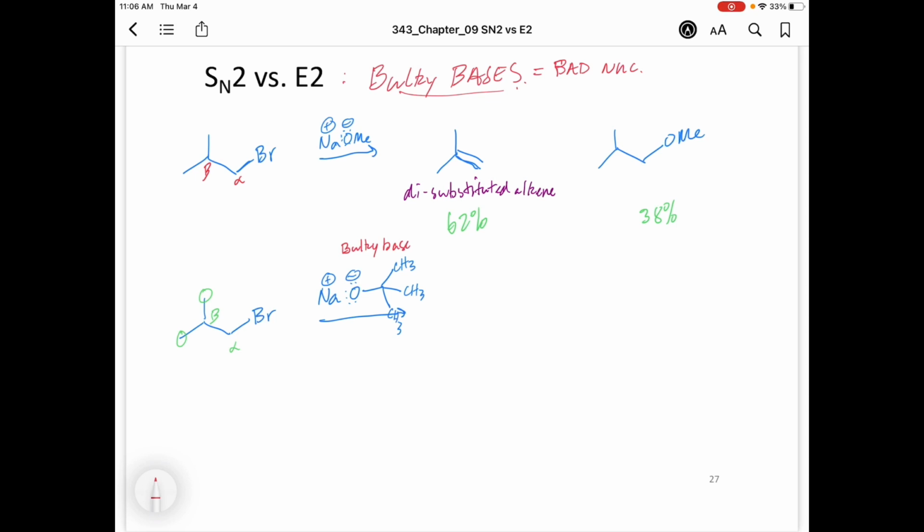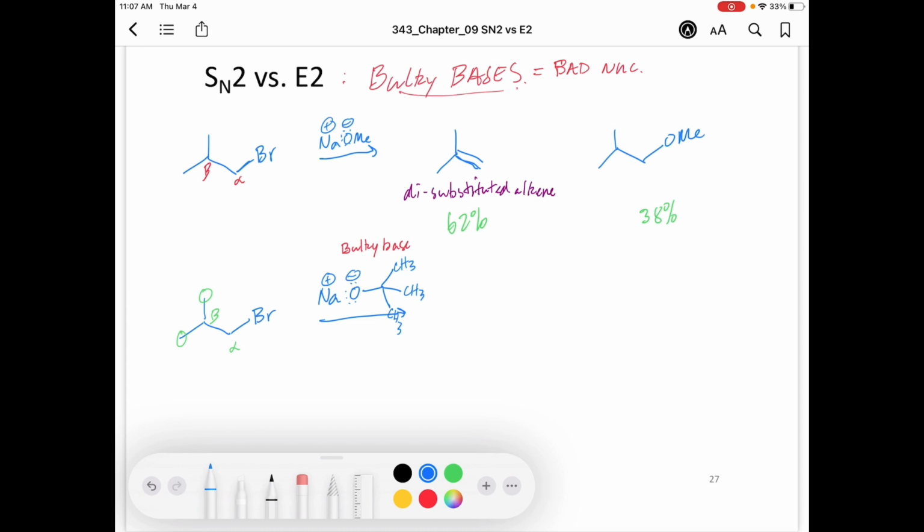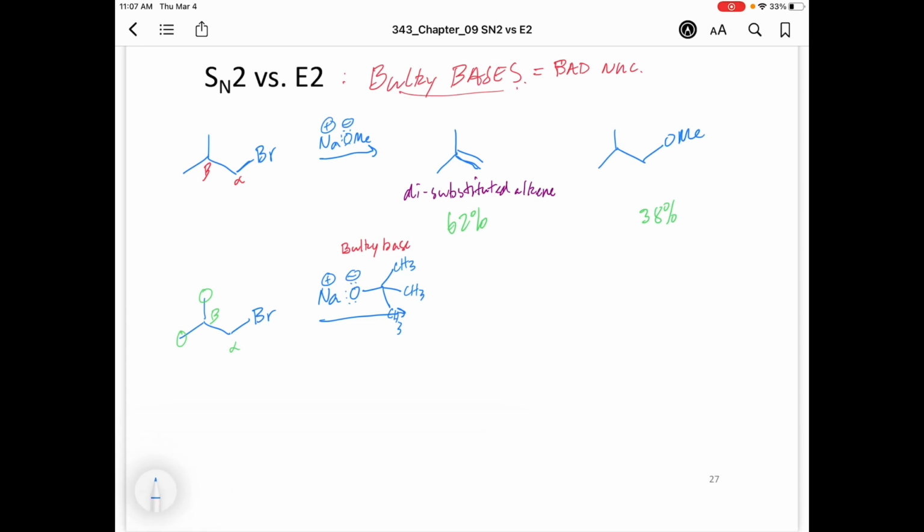Now, what happens here is that this isn't really that great of a nucleophile because it's so large. So what happens is we get a different distribution in our E2 versus SN2 product. Let's draw out our 2 products that could form.